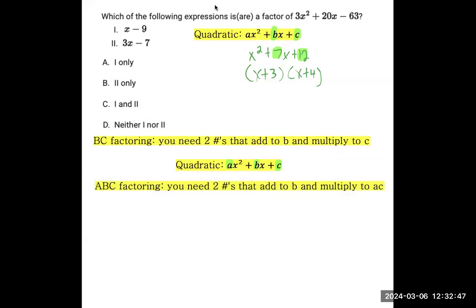So that's what this is. Here we have 3x squared plus 20x minus 63, and we need two numbers that add to 20 and multiply to negative 63 times 3, which is negative 189. So that's kind of a complicated set of numbers there.